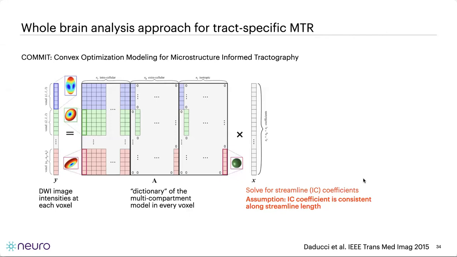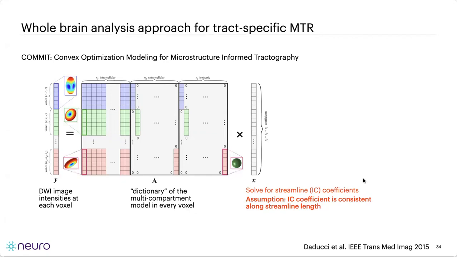Except that you have a ball at every voxel that represents your CSF. This is for diffusion. You have a Zeppelin at every voxel, which represents your extracellular space. You have a stick for every streamline, because it should be consistent along the streamline throughout the entire brain.